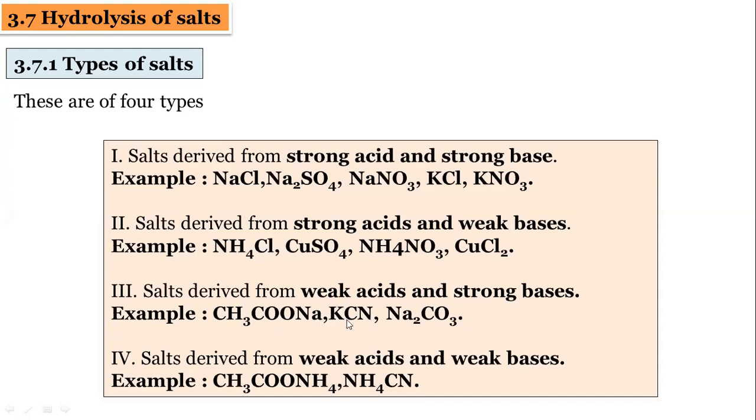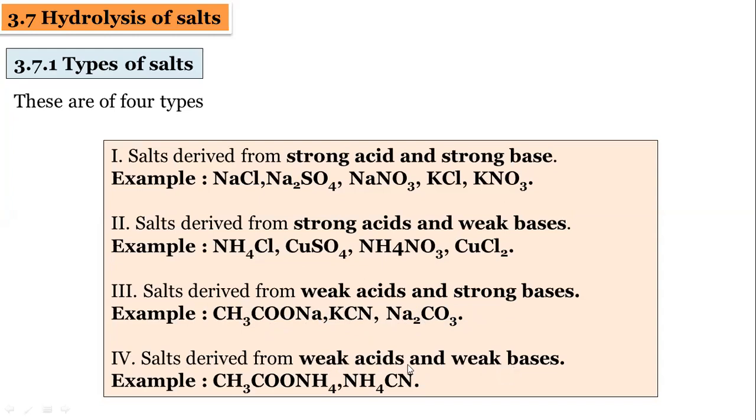KCN, in which one is weak acid and one is strong base. Then NaCN, Na2CO3, also examples of weak acid and strong base. Then the last part is where both are weak: the acid is weak and the base is also weak.